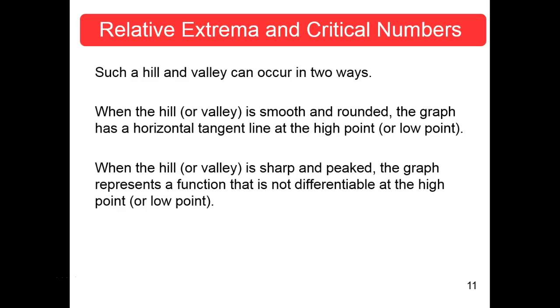They're going to different numbers. So then you have your absolute value functions and those kinds. But you still have a maximum or a minimum there. When the hill or the valley is sharp and peaked, the function is not differentiable at the high point or the low point, because the derivative doesn't exist there. When it's smooth, the derivative is 0. When it's not smooth, it's one derivative this way, another derivative that way, and they don't meet.